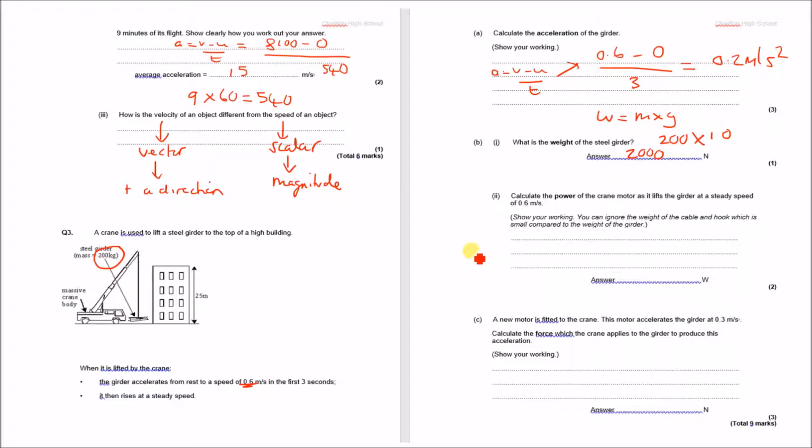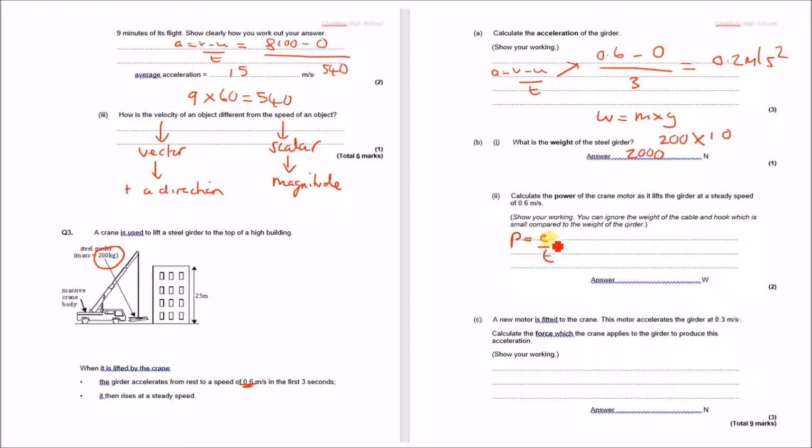Okay, the next question asks you to calculate the power of the crane motor as it lifts the girder at a steady speed of 0.6 meters per second. Right, so we need to get the power, which is equal to energy divided by time. Now this is one of those questions where you have to link different parts together.